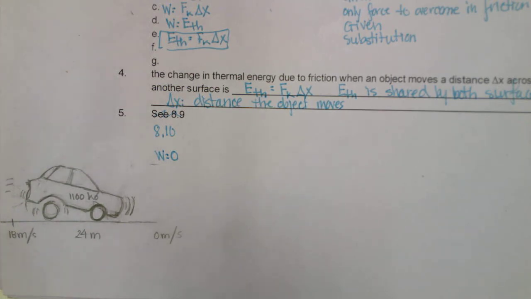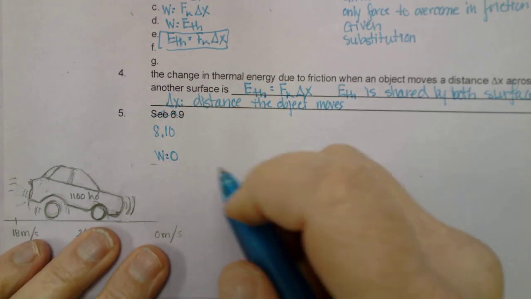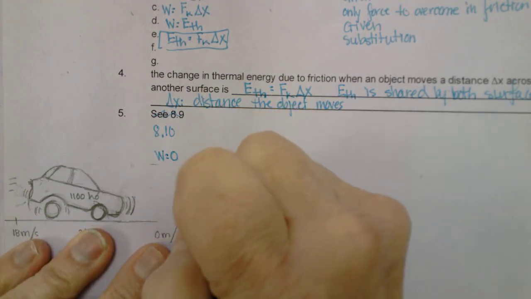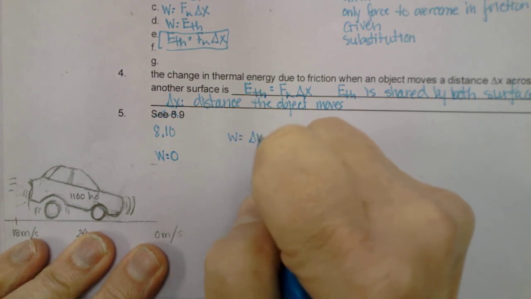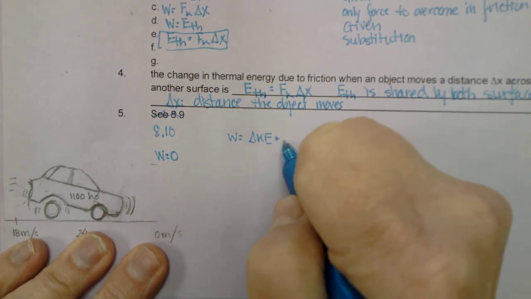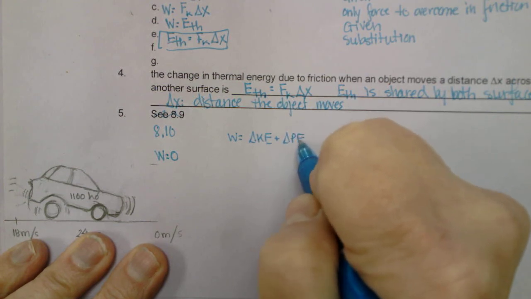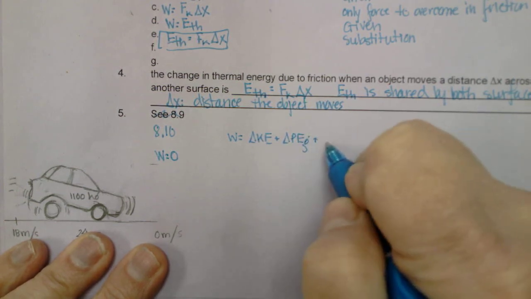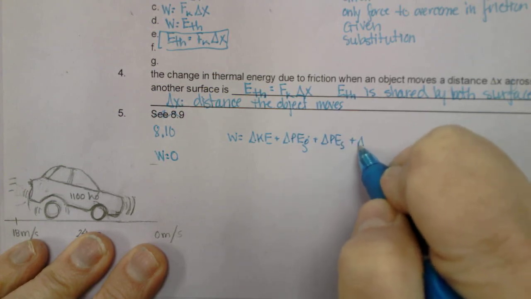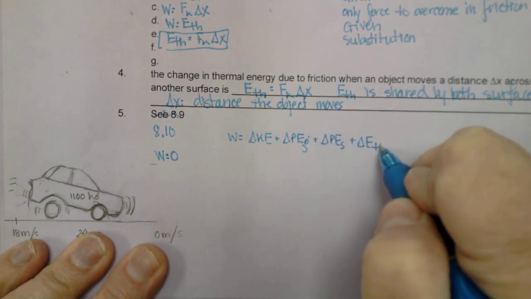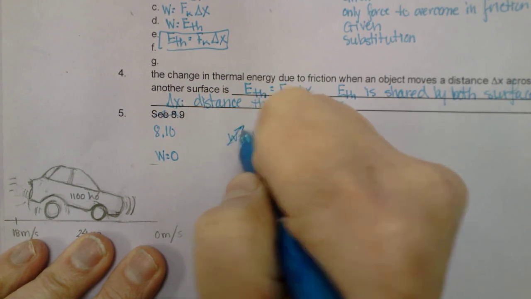Now I have to go through all of my other forms of energy and see what we have to say about that. So W equals delta KE plus delta PEG plus delta PES plus delta E thermal. Work we've already said is 0.